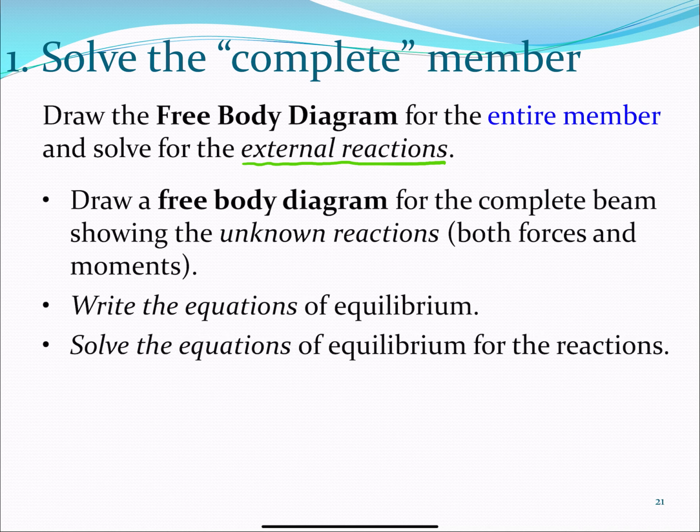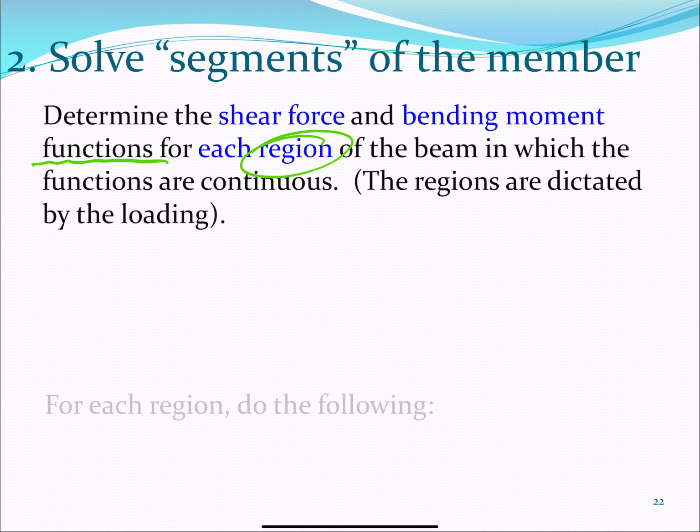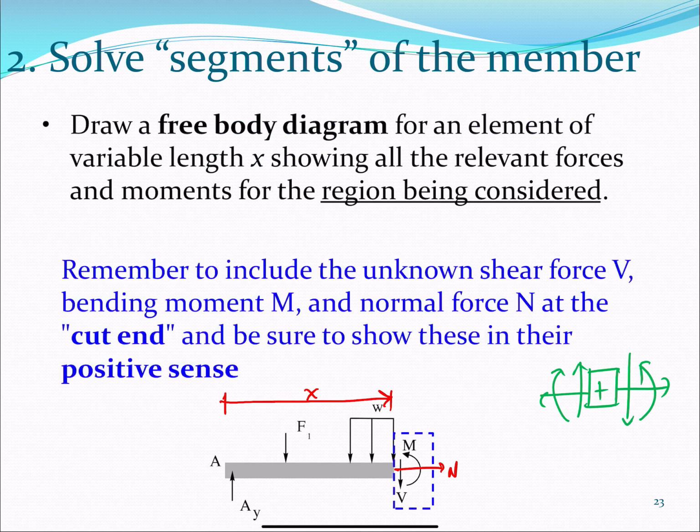We write the equations of equilibrium, we solve the equations of equilibrium for the reactions, we identify regions on my member, and then we find the shear force and bending moment functions for each segment, right? Now, for each segment, we have to analyze each segment as a free body diagram and obtain the equations.